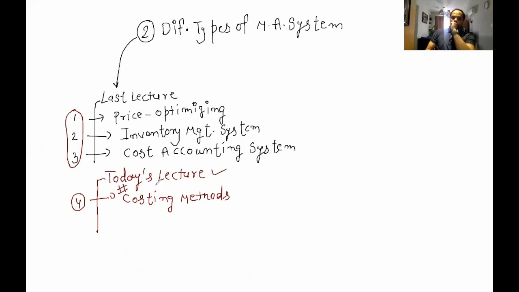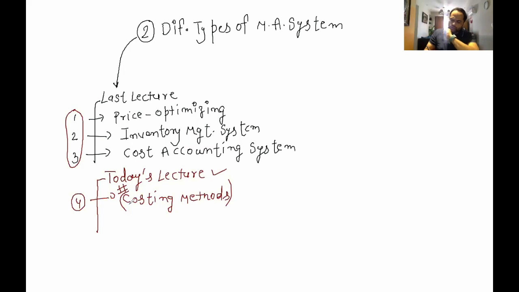Now, what is a costing method? A costing method is the method a company applies to estimate the cost of its products and services. Different organizations apply different methods to calculate the cost of their products.